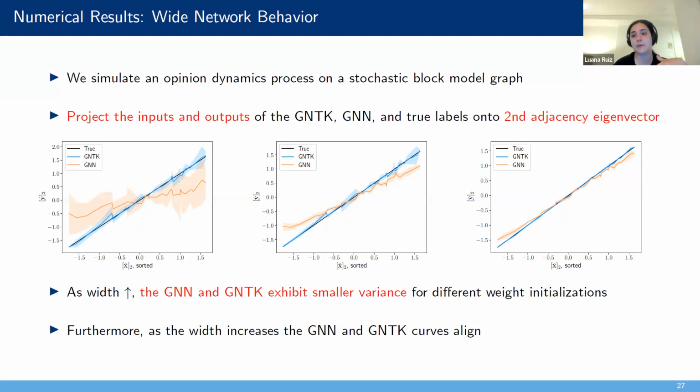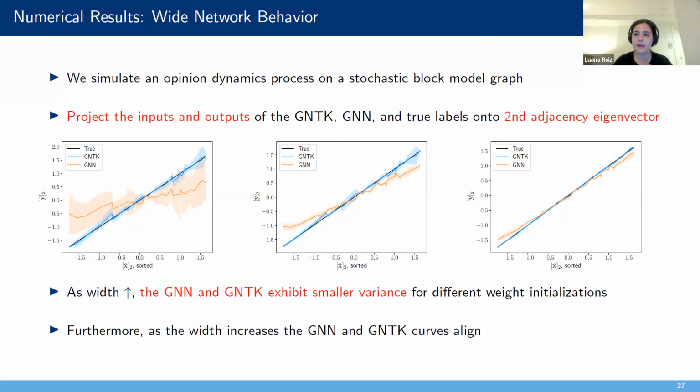And on the x-axis, we projected the input onto the second adjacency eigenvector, and second here because it reveals the community structure. And what we see from left to right is that as we increase the width of the graph neural network, the variance of these curves across initializations decreases.